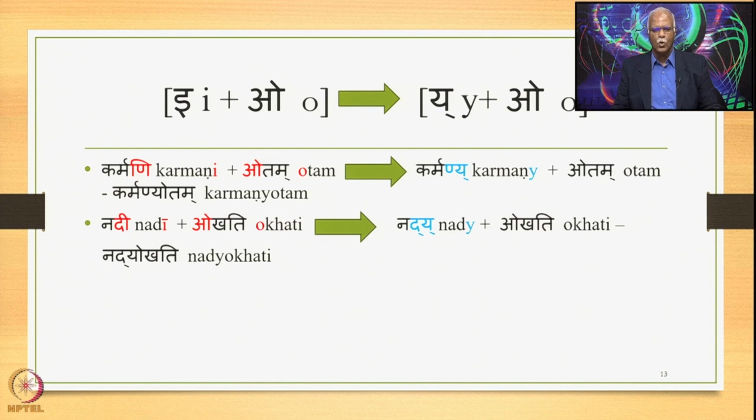Similarly, Nadi plus Okhati, Okha means to go, Nadi goes, Nadi moves, and in this case 6177 will apply and we have Nadya Okhati, Nadyokhati.